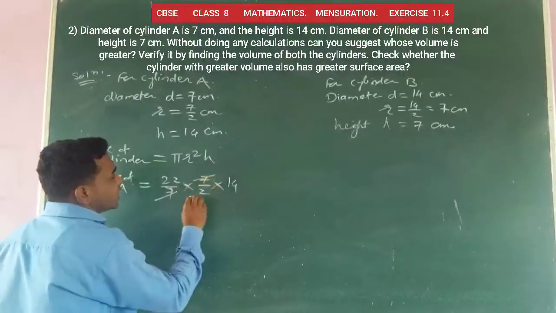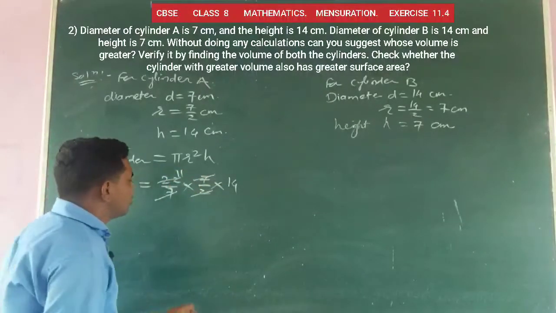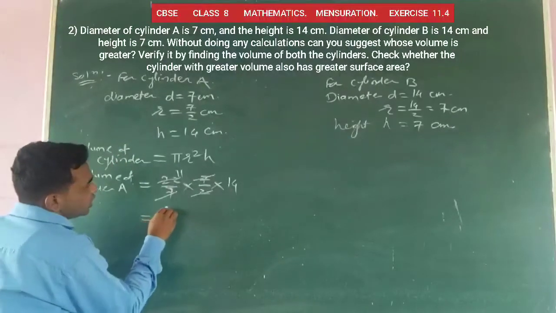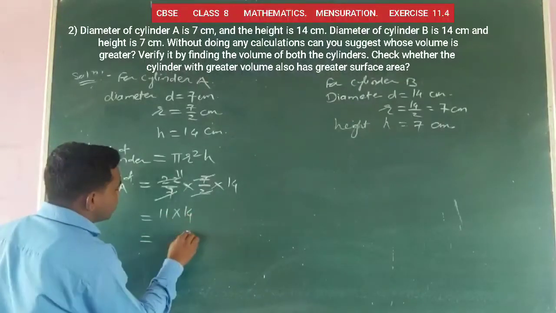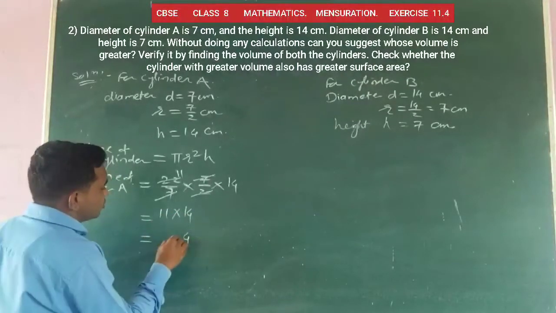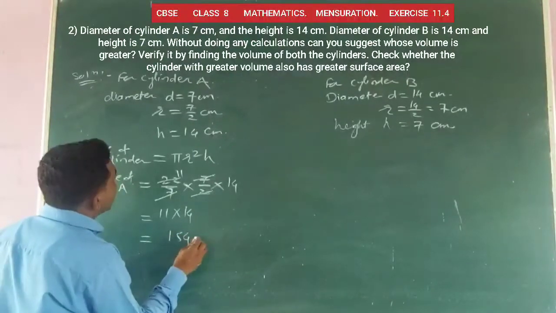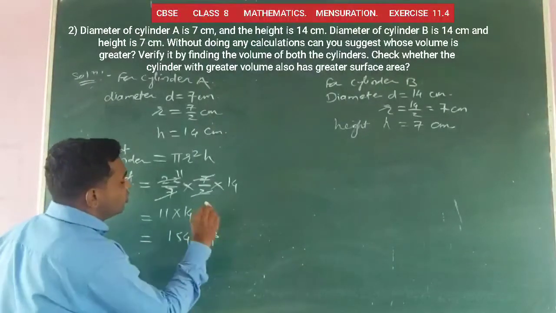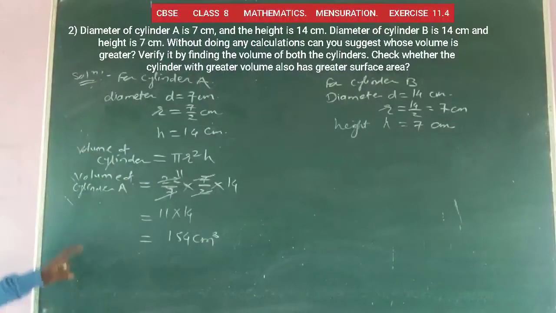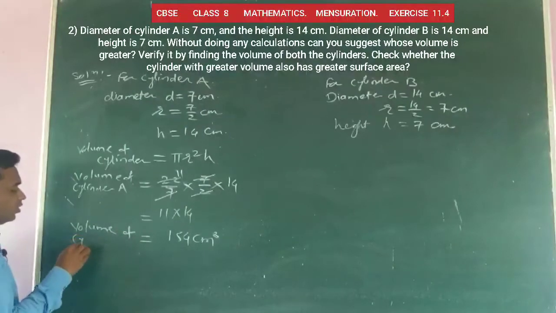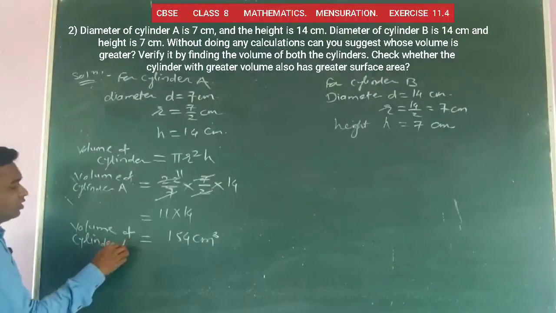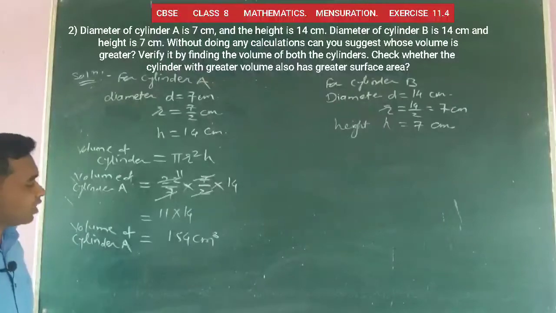Then 7 gets cancelled, 2 elevens are 22, means 11 into 14, and that means 154, and the unit is centimeter cube. Always remember that the unit of volume is always centimeter cube, meter cube, etc. Understand? This is the volume of cylinder A, 154 centimeter cube.